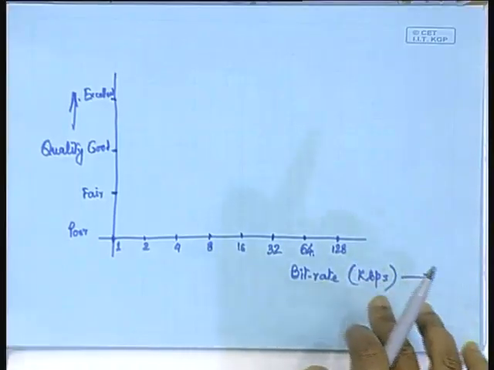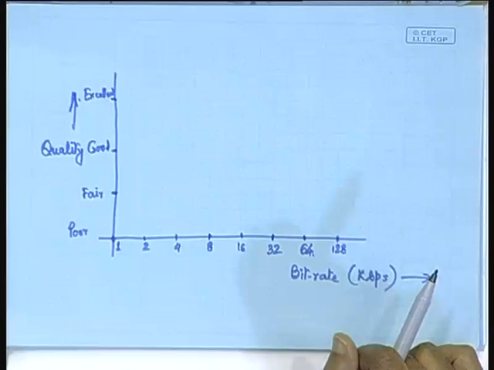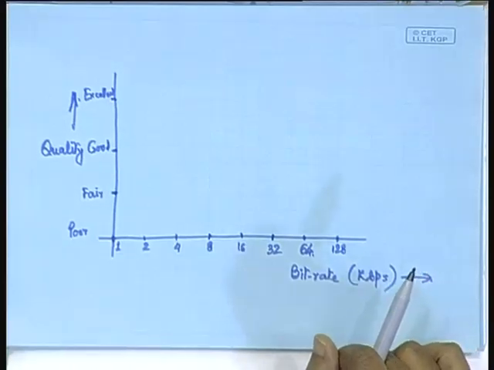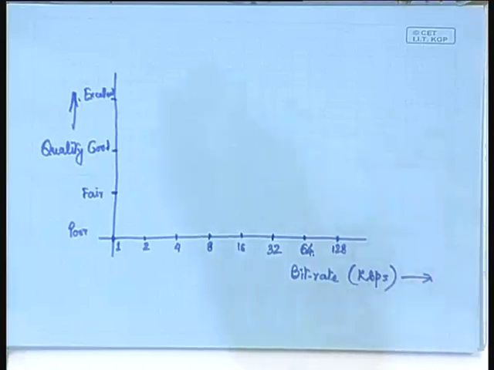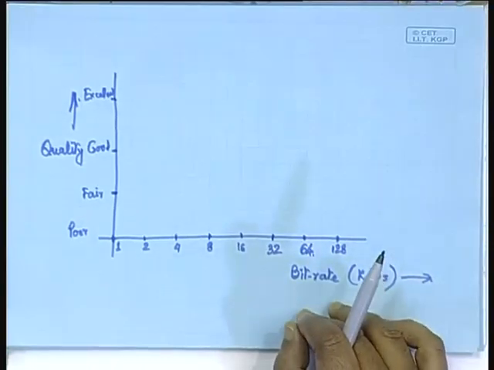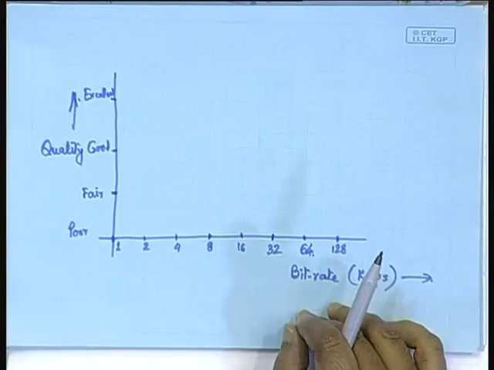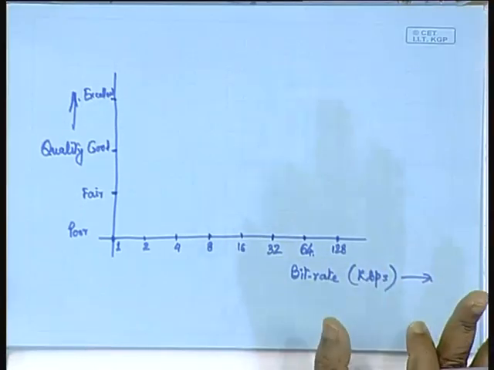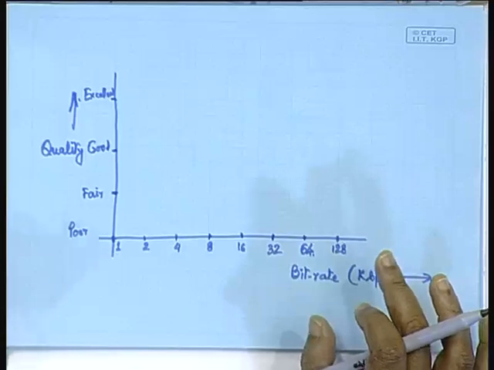In fact, going by this bit rate figure, for a waveform approximating coder, one can just forget about having anything at 1 kilobit per second, impossible. Okay. After 4 or 8 kilobits per second, generally the quality becomes somewhat acceptable.